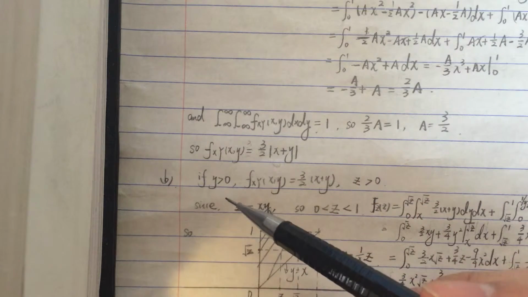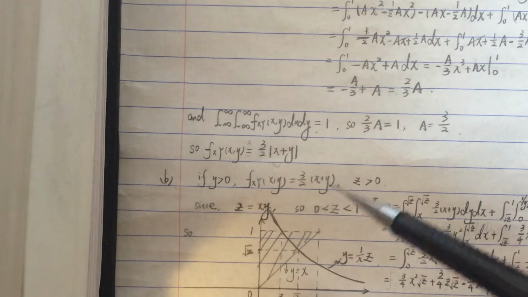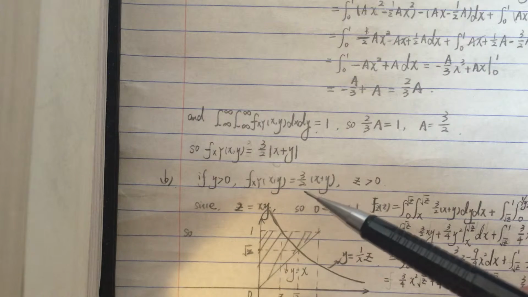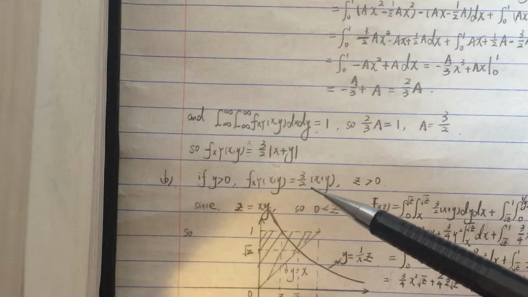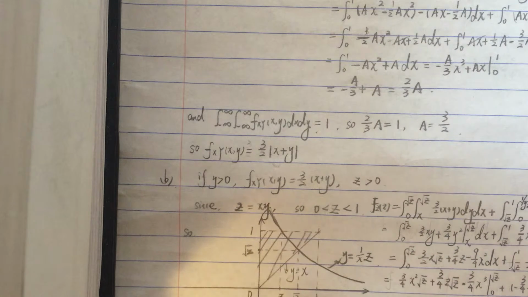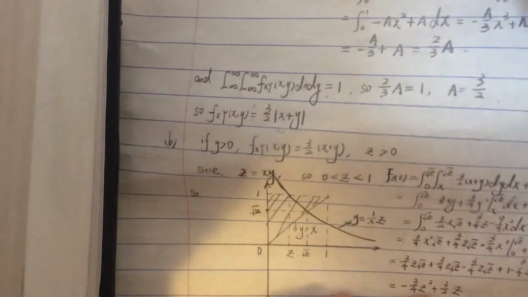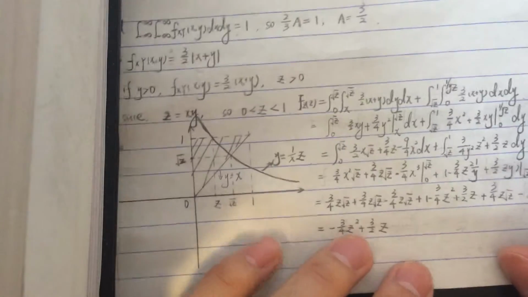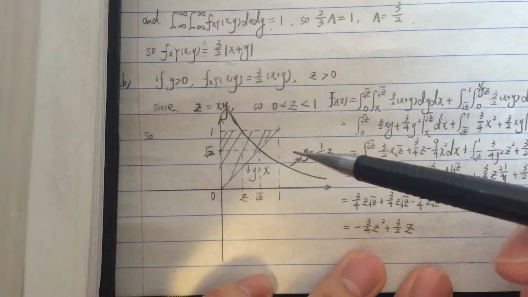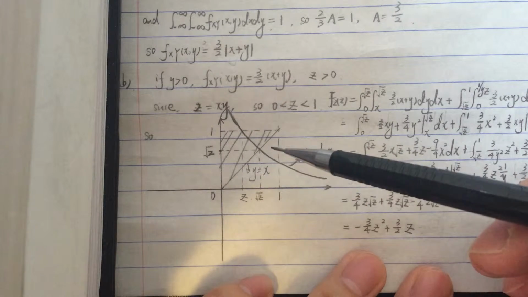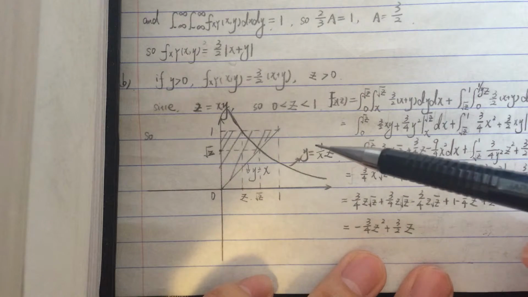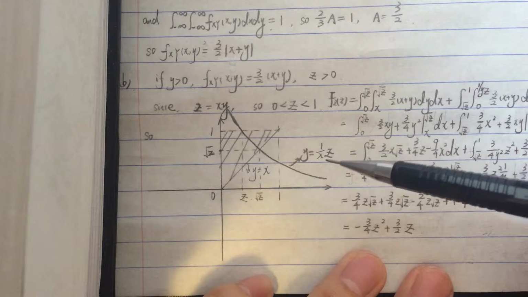First is that y is larger than 0, and f of x and y will equal 3/2 times x plus y, and z will be larger than 0. The situation will be just as this graph has shown, and this curve is y equals 1 over x times z.